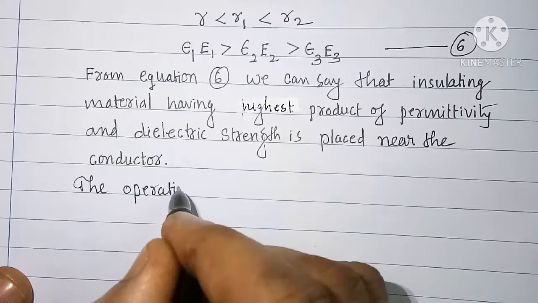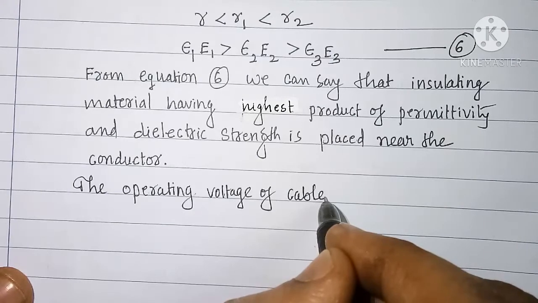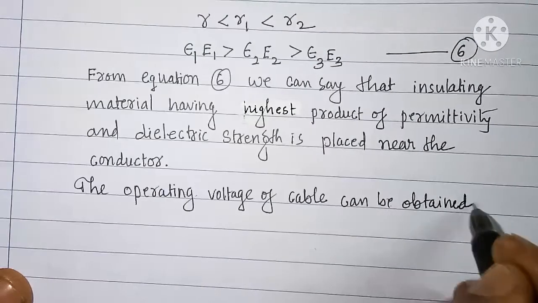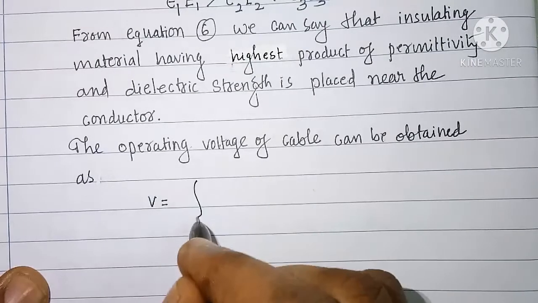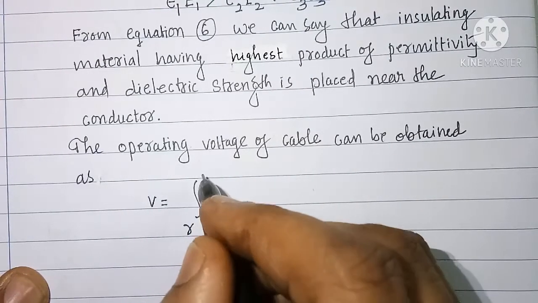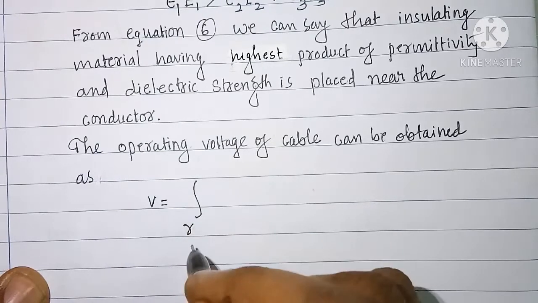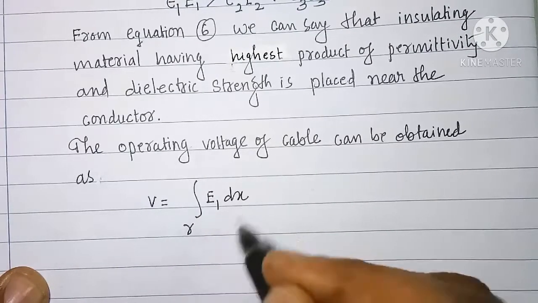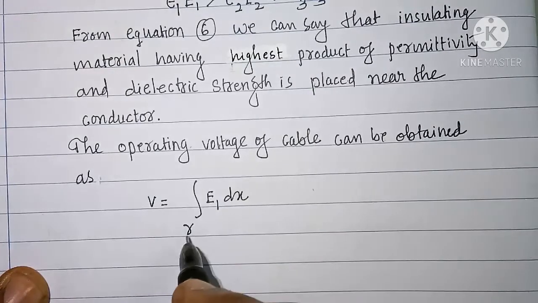The operating voltage of cable can be obtained as V is equal to positive integral of dielectric strength, from integration of E1 with respect to dx from R to R1.